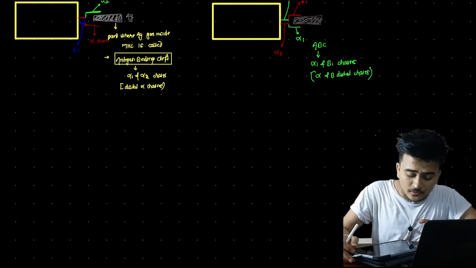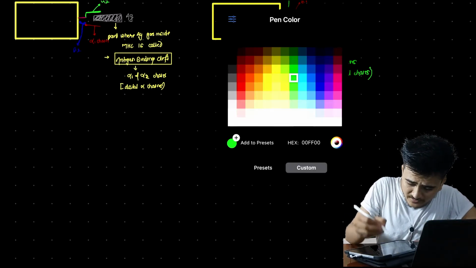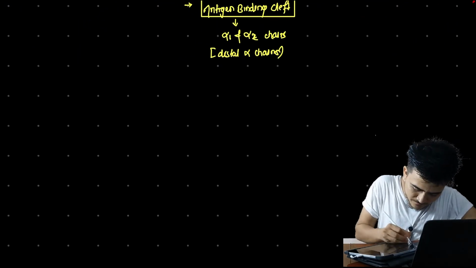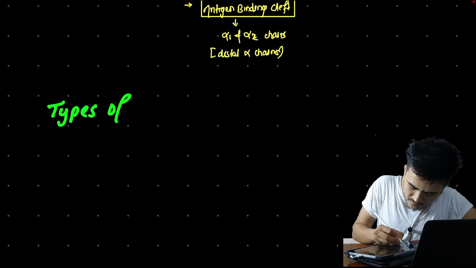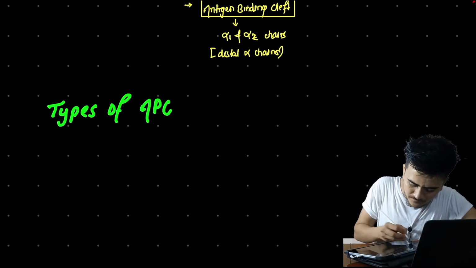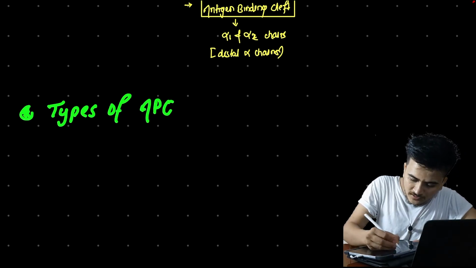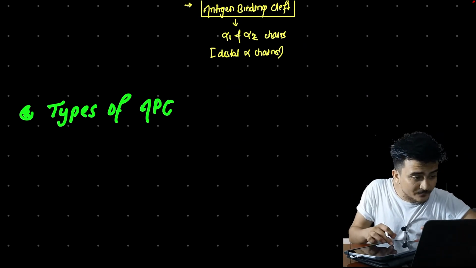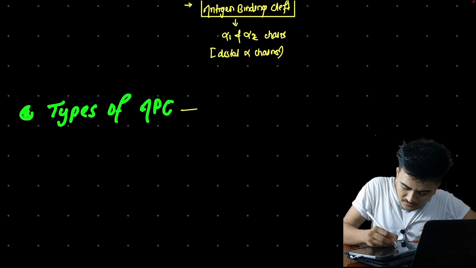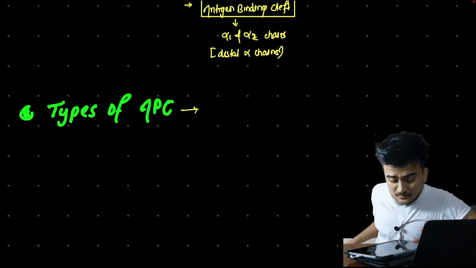Now going into the types of APC, there are different types of APC. Now let's proceed to our types of APC. Okay, talking about the types of APC, how many types of APC are there? Broadly, there are only two types of APC. What are they?